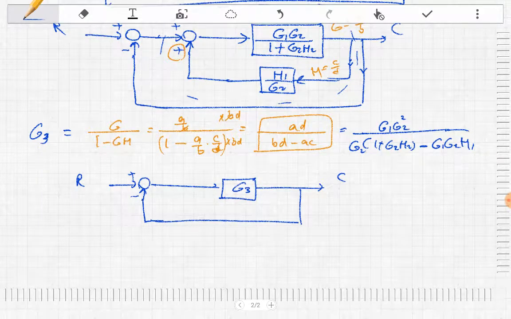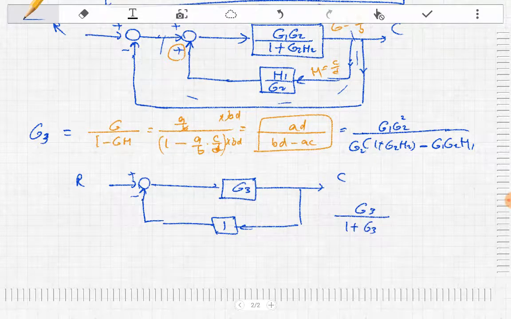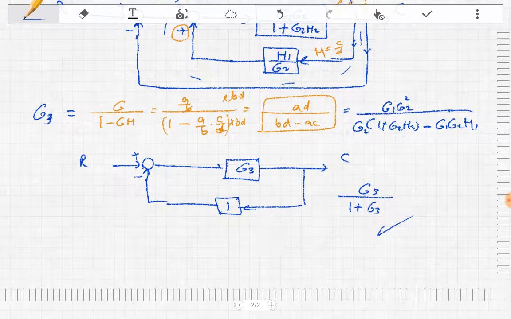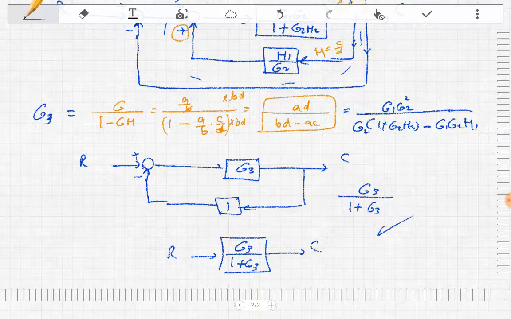It is 1. Why? Because no change. C is C. So if you wish, you can make it like this one. If you write 1 here, nothing, no change, right? C is C. So now we have G3 over 1 plus G3H. So just the 3. And you have G3, you can just simplify. You can call it A over B, and you do the same business with it. But here, khalas, you are done. It will be in the end 1 block equal G3 over 1 plus G3. You have C. You reduce the whole thing to 1 block.